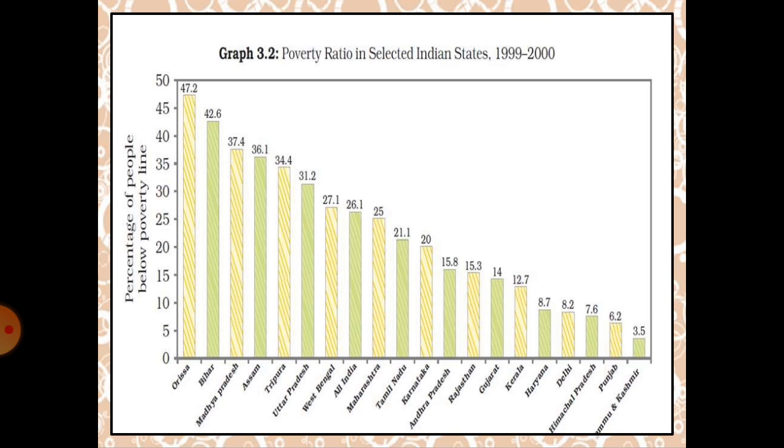Okay, my dear students. The next thing is, when the poverty line is determined, the minimum food requirement, clothing, footwear, fuel, light, education and medical requirements are the most important aspects for them.